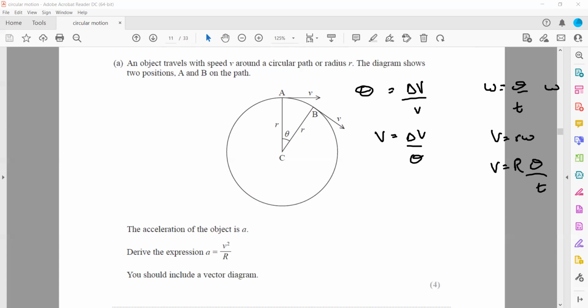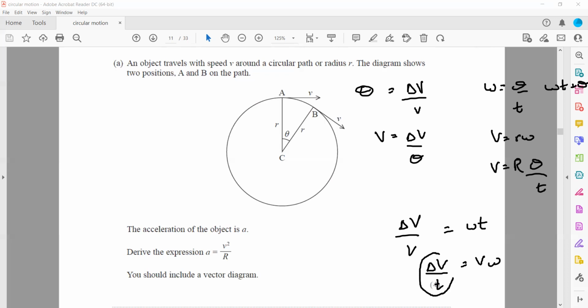If we compare the two values, on one side we have delta V over V, and on the other side we have omega into t. If we simplify this, t is multiplied so the other side will be divided, and V is divided so the other side will be multiplied. So delta V over t is equal to V omega.